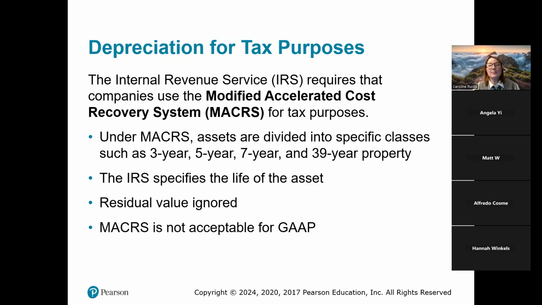All items have to be plugged into these boxes in order to calculate their MACRS depreciation. The IRS specifies the life of the asset. You can't just say, okay, well, I'm going to have this thing for 13 years. It's got to be 3, 5, 7, or 39. Residual value is completely ignored.